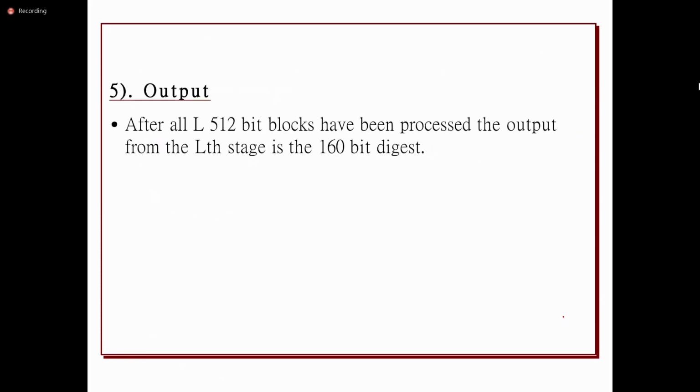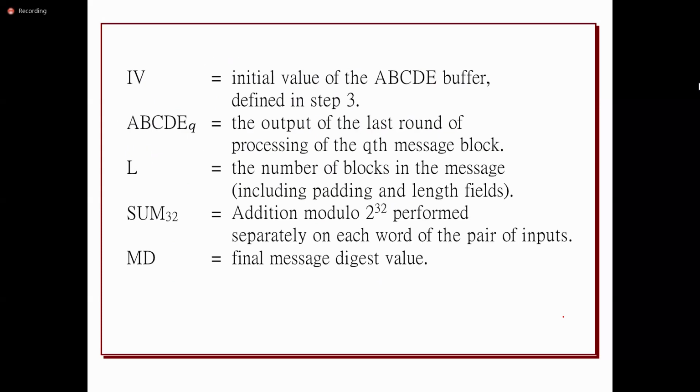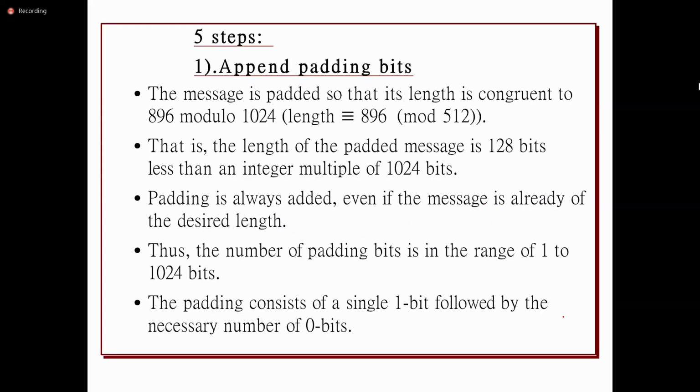So every algorithm will use some steps. Here for SHA-512 also, it is going to perform in 5 steps. The first step is the message is padded so that the length is congruent to 896 modulo 1024. Why is it 896? As I said, the message will be divided into fixed length blocks.